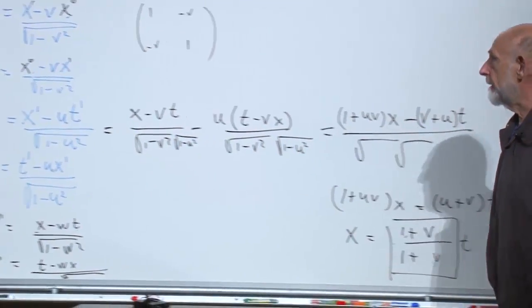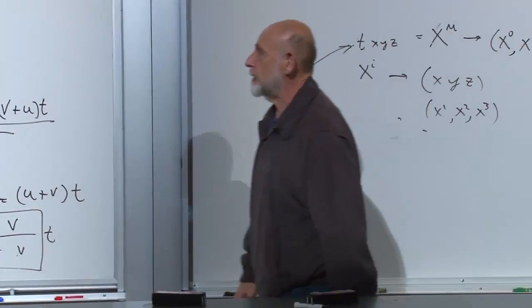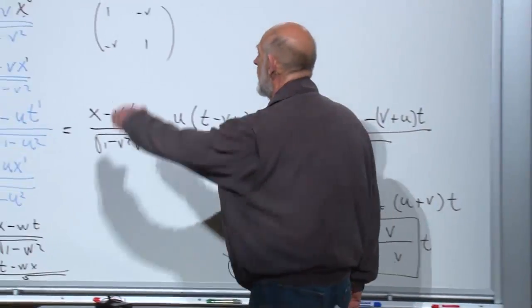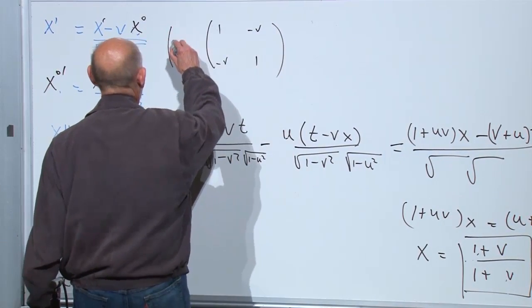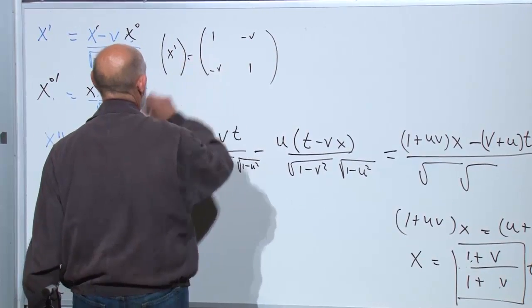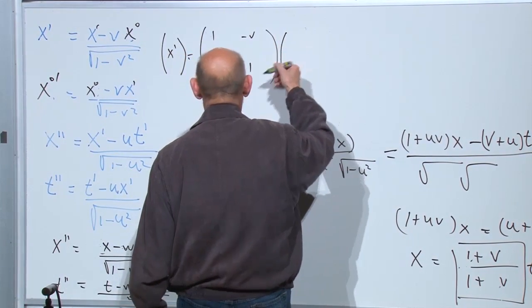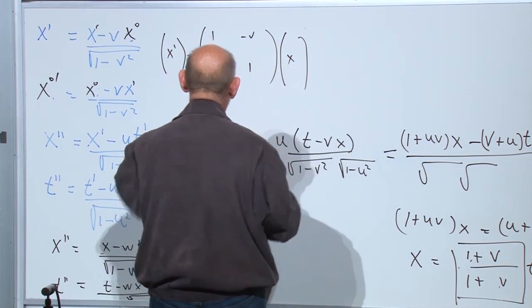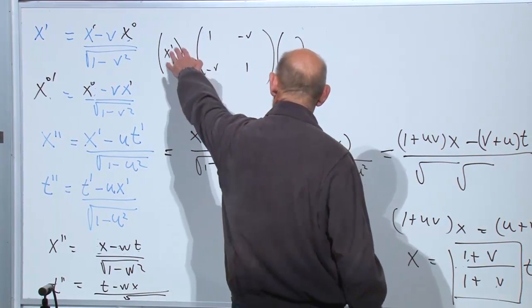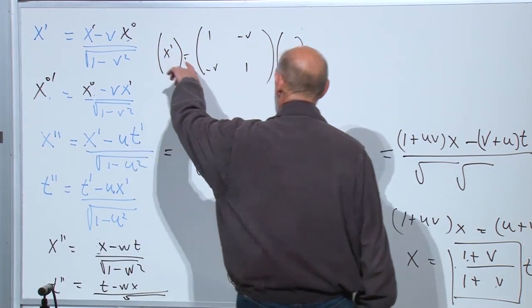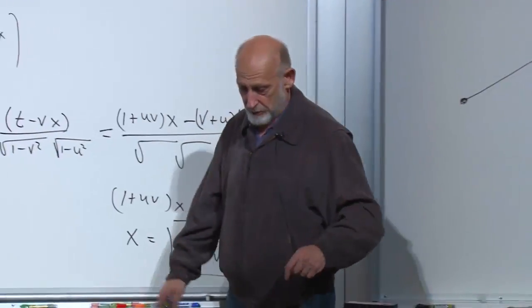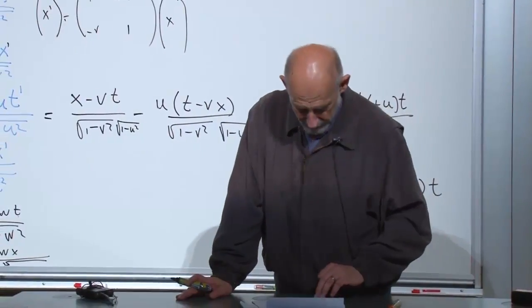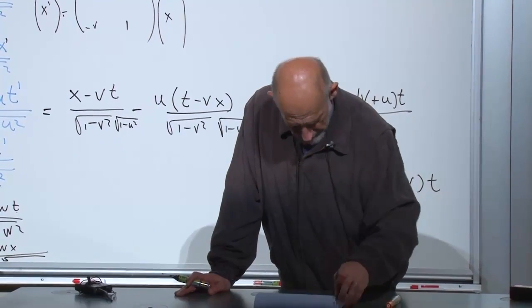You can think of Lorentz transformations as having associated matrices, and you could write that x prime is equal to this times x. Matrix times column vector. The components of the column vector would be x's and t's. Yes, you certainly can use matrices, and I advise you to do so, because it's a good thing to do.